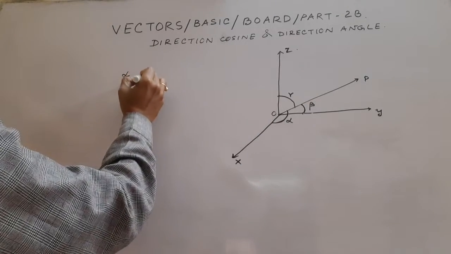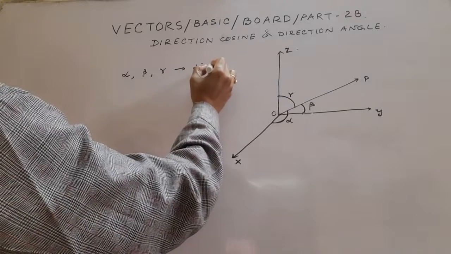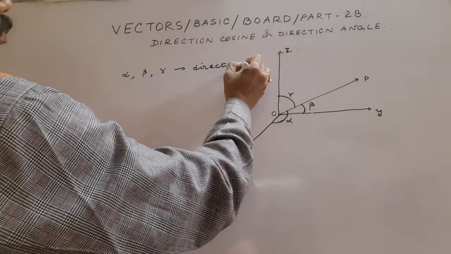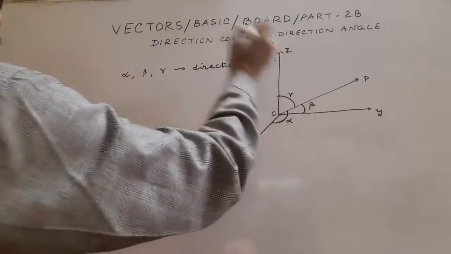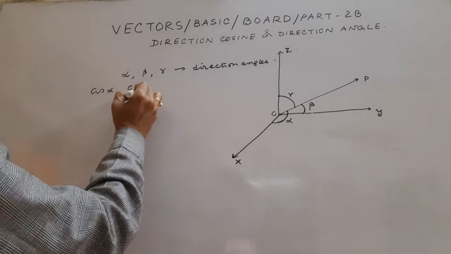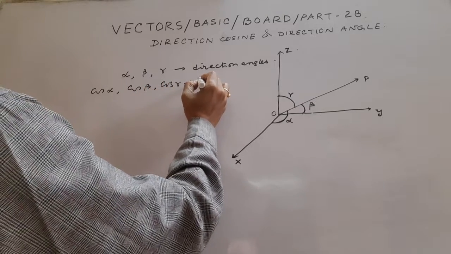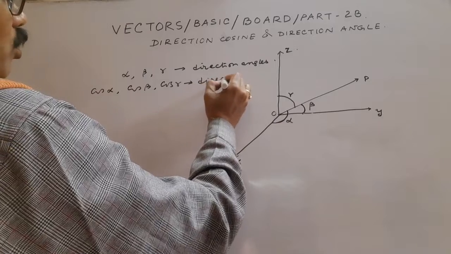So alpha, beta, gamma are called direction angles. And cos alpha, cos beta, cos gamma are called direction cosines.